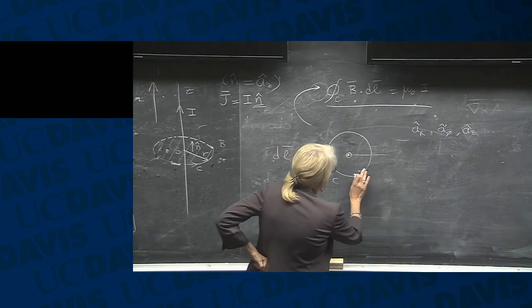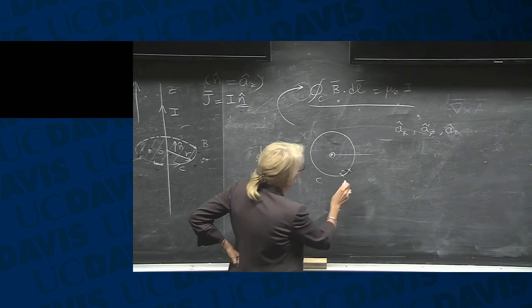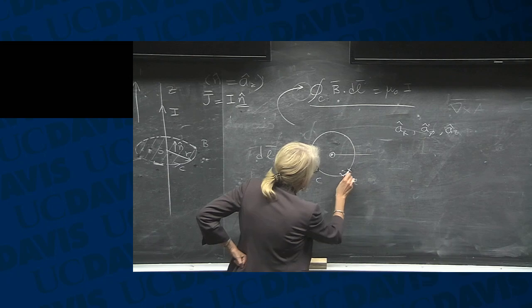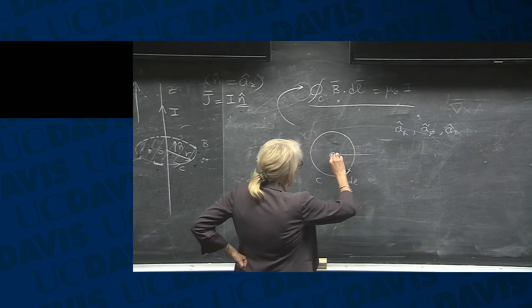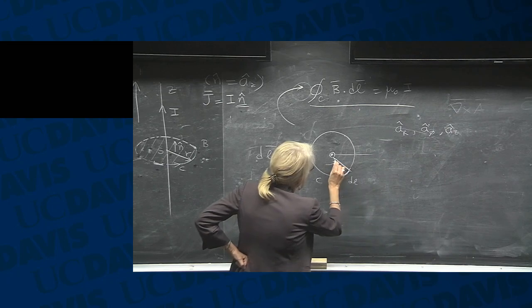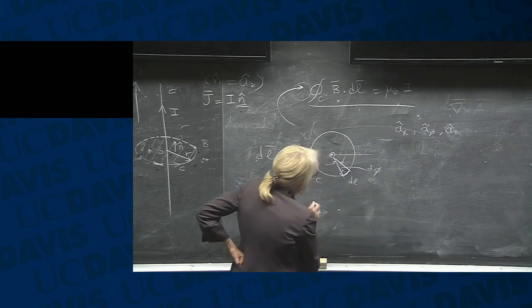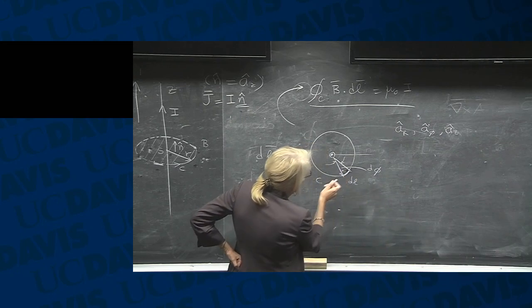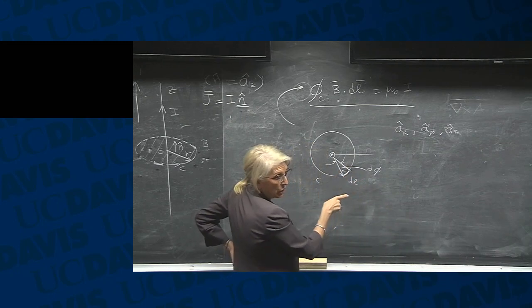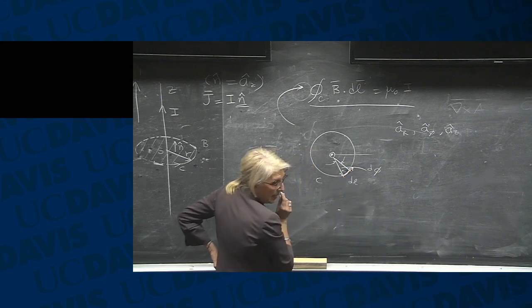So if I take this small dl here, this is d phi, this is dl, and the direction of dl is along the phi direction. It goes like that, tangential.